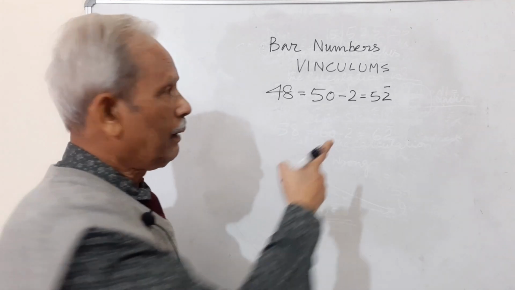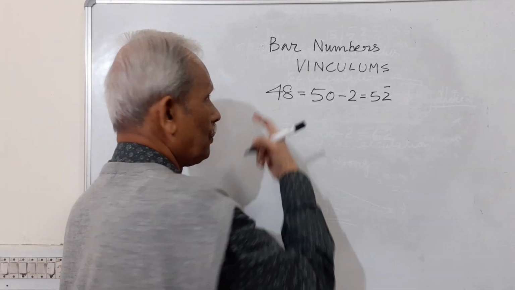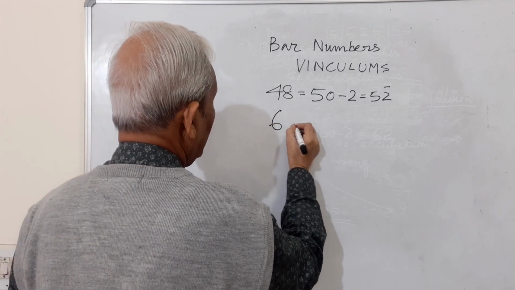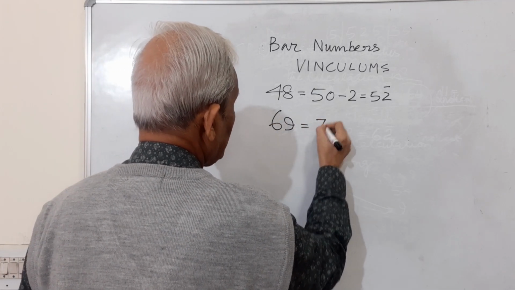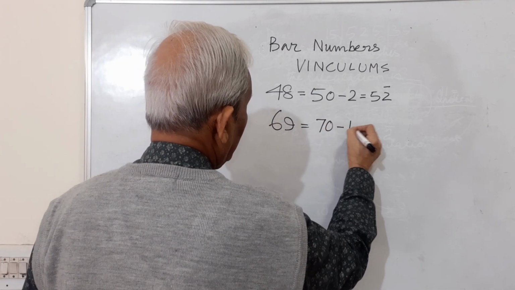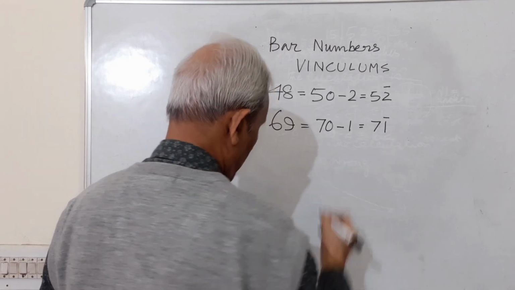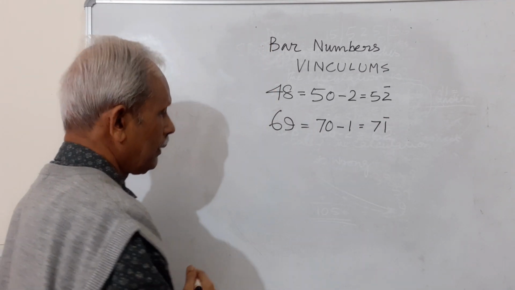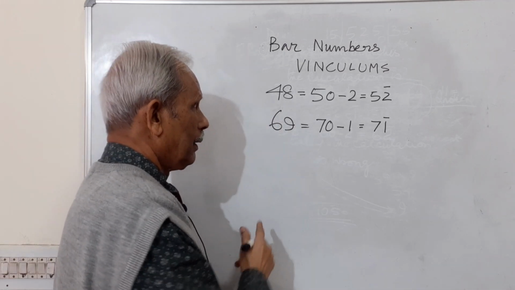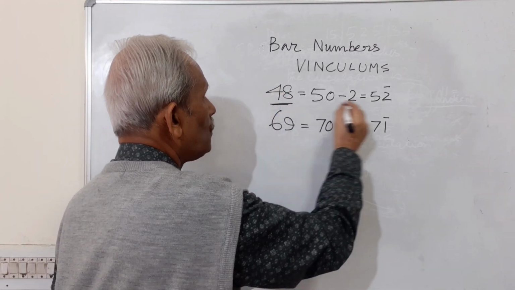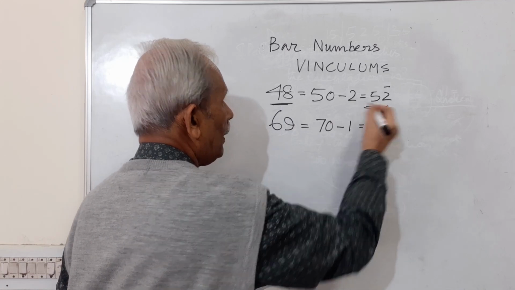Right? 50 minus 2, and that's equal to 48. Similarly, 69 can be written as 70 minus 1, and that can be written as 7, 1 bar.